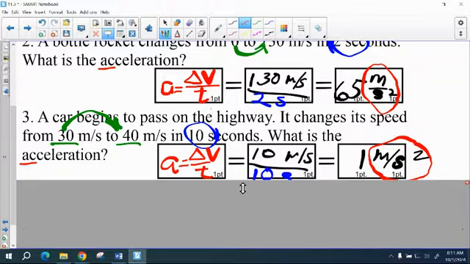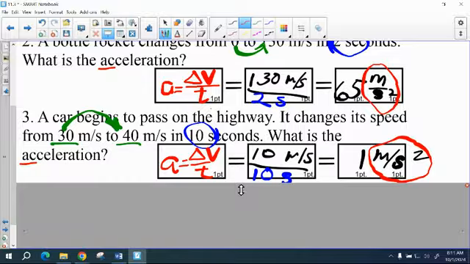So same thing here. Did you guys get 1 meter per second squared? Because you're going to say, what's 40 minus 30? 10. How long does it take to do it? 10. So it's 10 meters per second is the difference, the change in velocity in 10 seconds. So 10 over 10 is just 1. Okay.